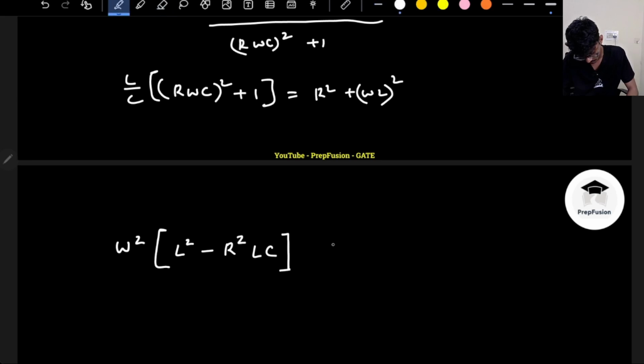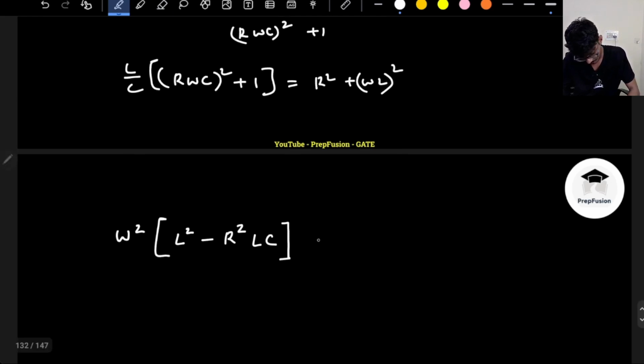And the other constant term is simply R square minus L by C.